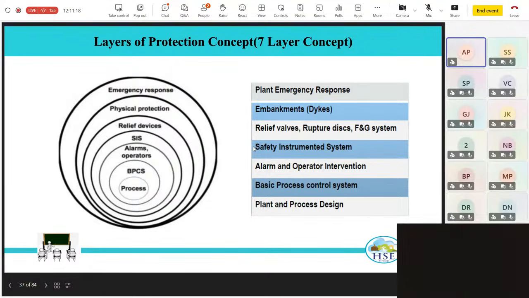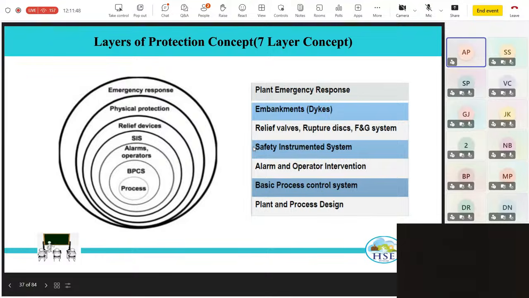Commonly you call it a distributed control system, or your control panel, or whatever you call it, or your PLC. Now, what is the basic process control system doing? It is continuously monitoring the process where the actual parameters should be. Suppose you want to keep the pressure at say 10 bar, then it will keep on ensuring, by some pressure sensor, that all the time the pressure remains at 10 bar or around that, maybe 9.8 bar to 10.2 bar.